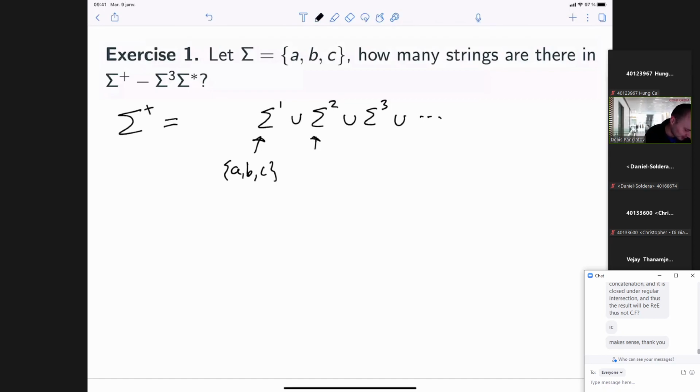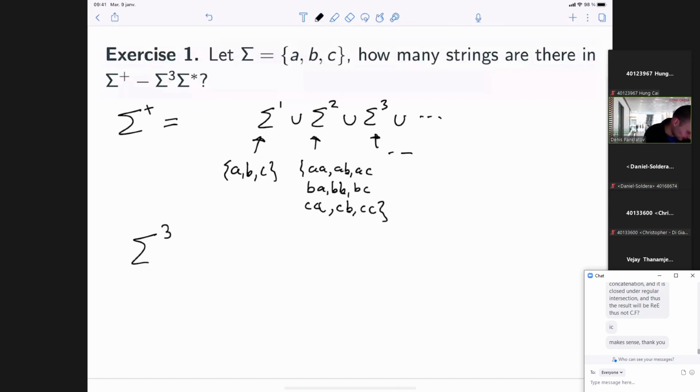Then sigma 2 consists of all strings of 2 characters: AA, AB, AC, BA, BB, BC, CA, CB, CC. The size of each of these you can calculate very easily. It is the size of sigma to the corresponding power. So the size of sigma squared is 3 squared, so there are 9 strings here.